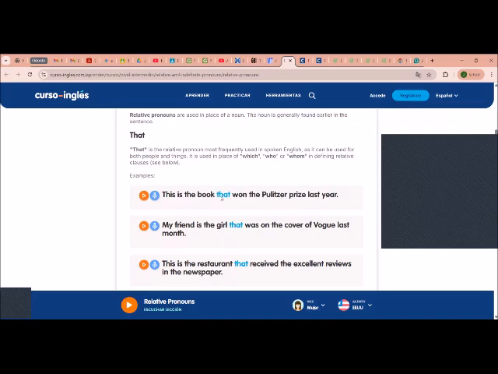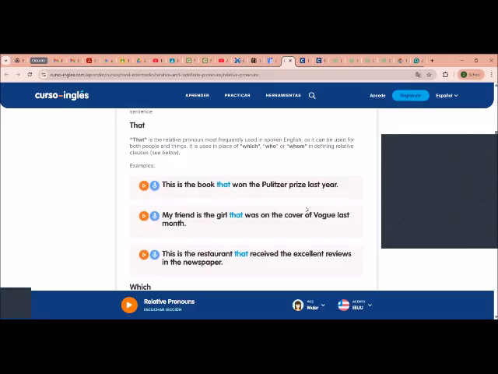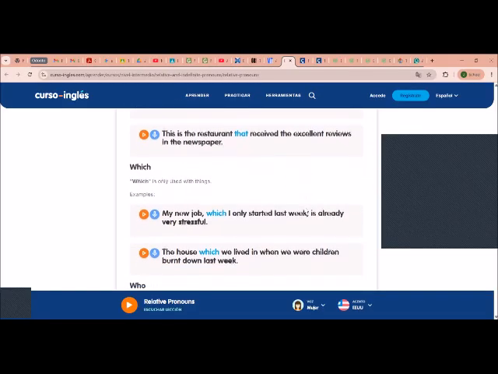That, for example, the condition that causes pulpitis, is very flexible. We can use it when we're talking about people and things. We also had which. We're talking about the instruments. Which instrument? The scaler or the curette.